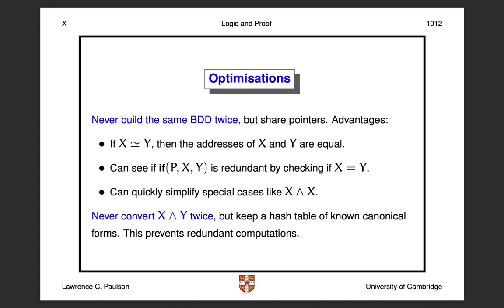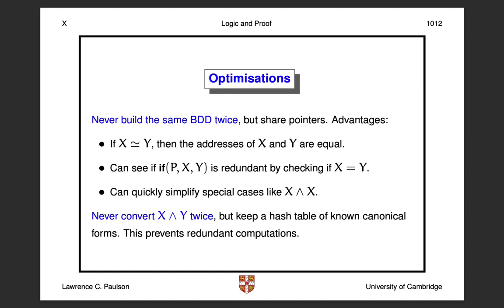That means in particular that if two BDDs are logically equivalent, and remember when I say a BDD here, I'm thinking of a machine address of a data structure in memory, then the actual bit patterns of those addresses are identical.